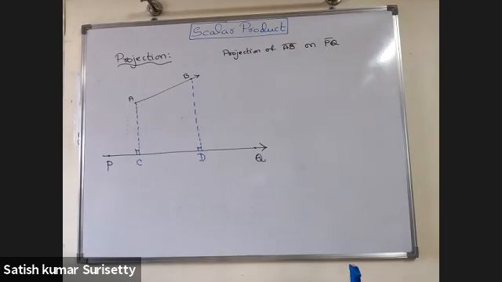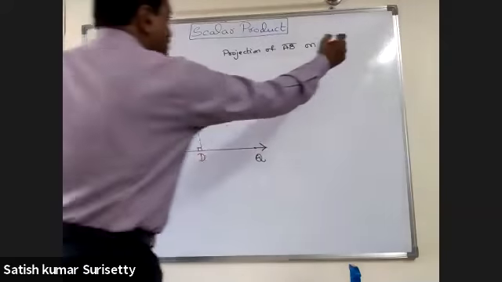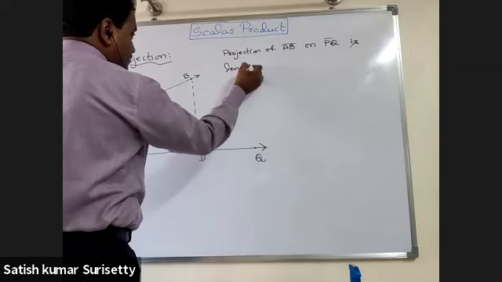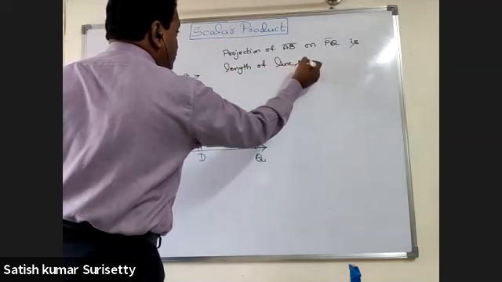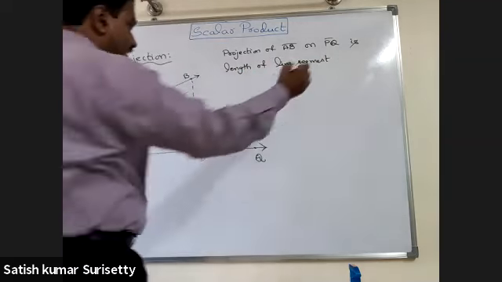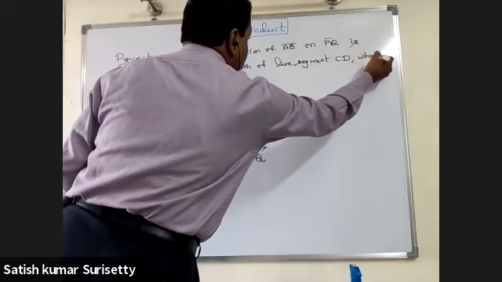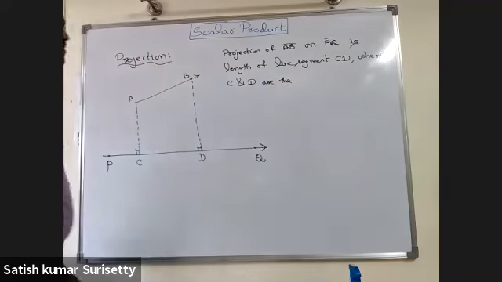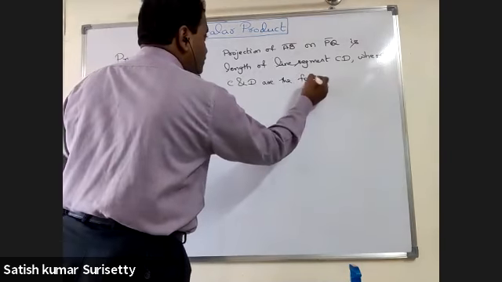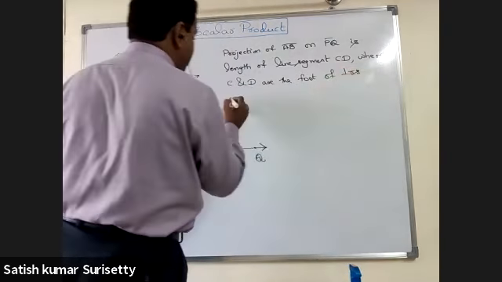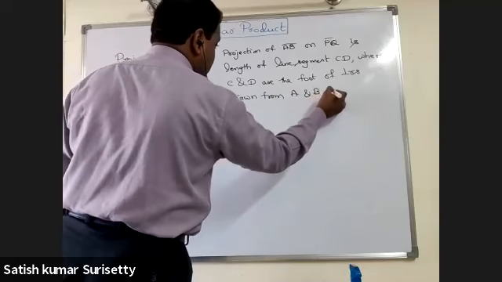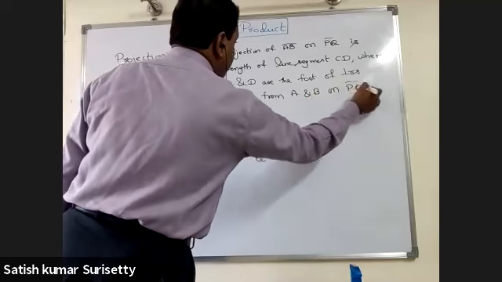Projection of the vector AB bar on the vector PQ bar is the length of line segment CD, where C and D are the feet of perpendiculars drawn from A and B on PQ bar.